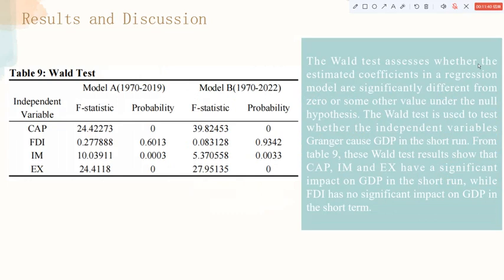First, we conducted a Wald test on the coefficients. It can be seen from the table that the variable FDI is not significant, and there is no short-run relationship between FDI and GDP. Accordingly, there is a short-run relationship between the other variables and GDP.